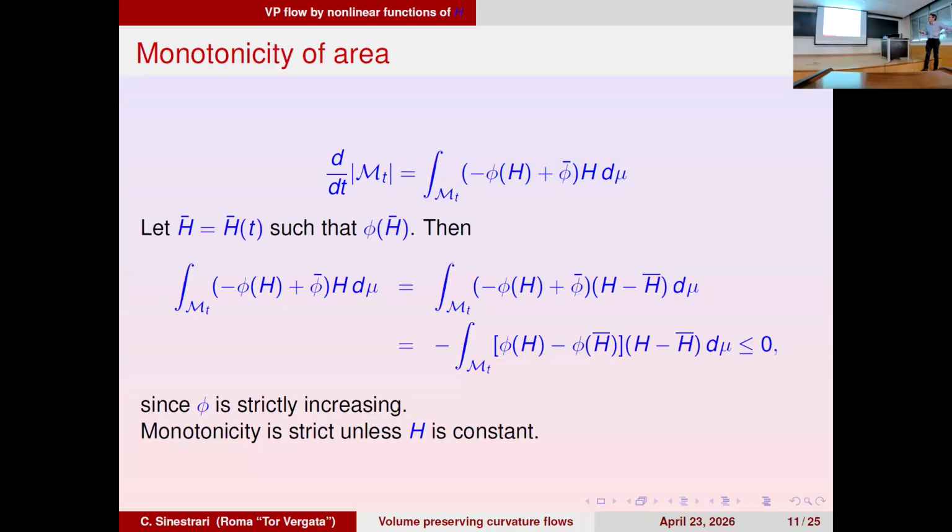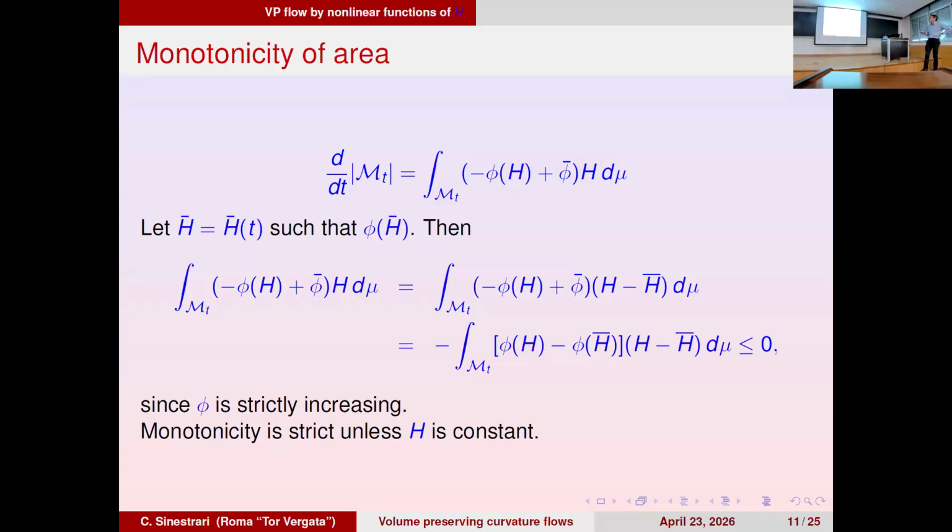So then we can just rewrite this. I can rewrite phi bar as phi of h bar. I can add this extra term here because its contribution has a zero integral, because H minus h bar has zero mean, multiplied by a constant gives a zero contribution to the integral. And when we write this quantity in this way, you see phi of H minus phi of h bar times H minus h bar.